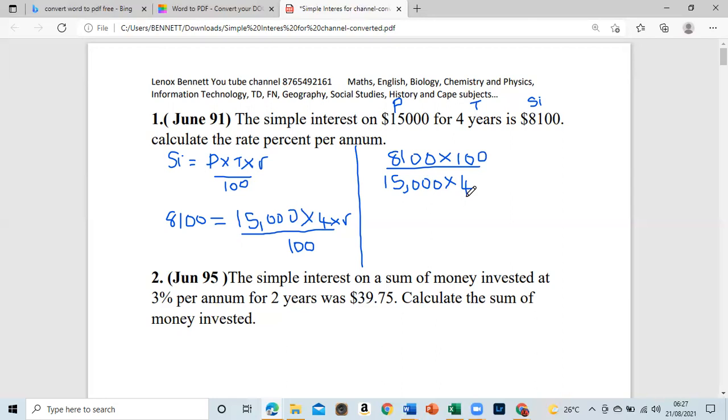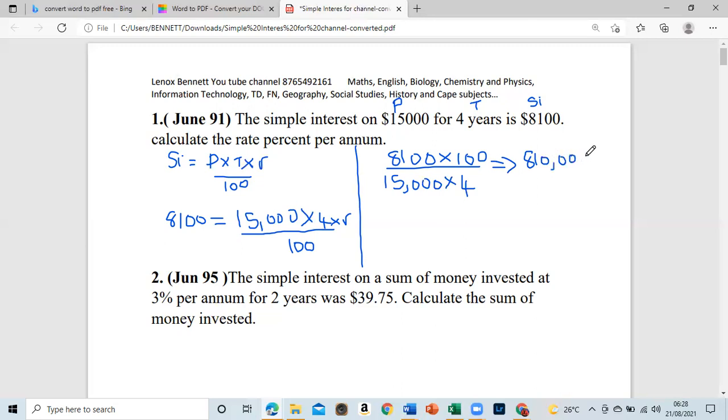So it's 8,100 times 100. I'll just show you step by step first. I could have divided by 100 and calculated the zeros, but since it's not multiple choice, I could just do it the long way.